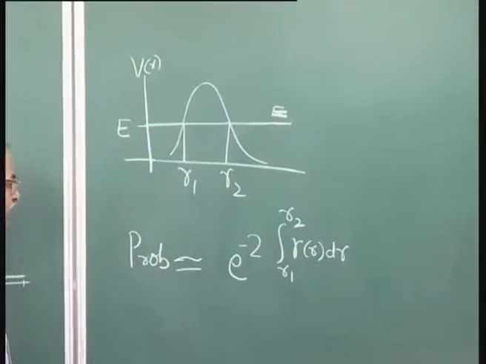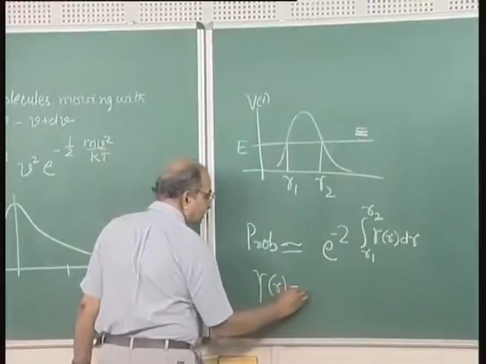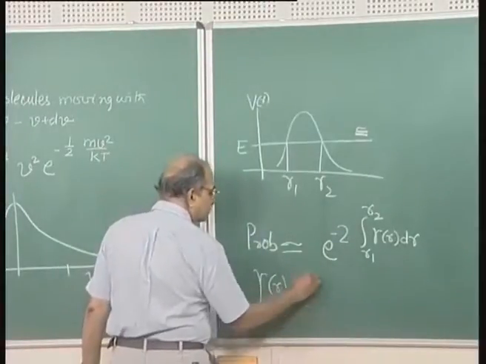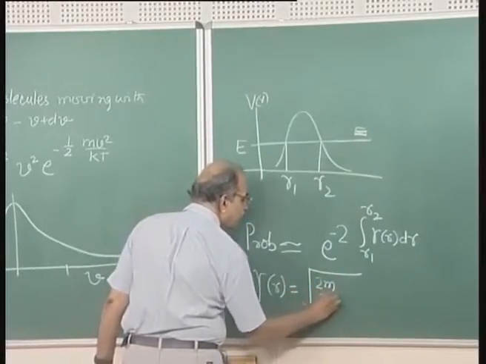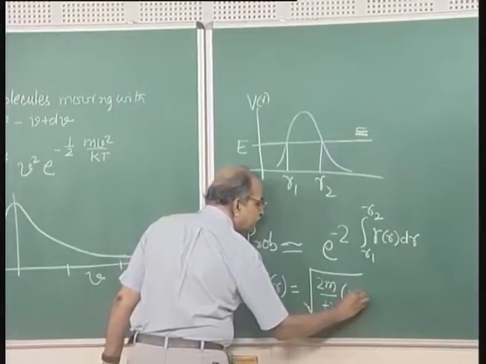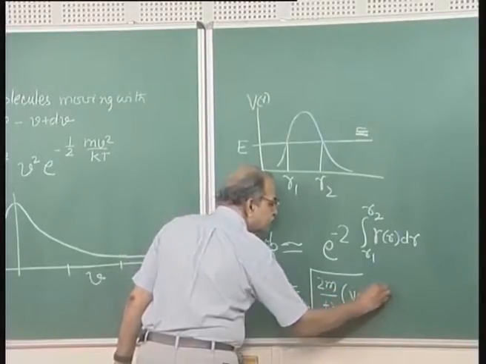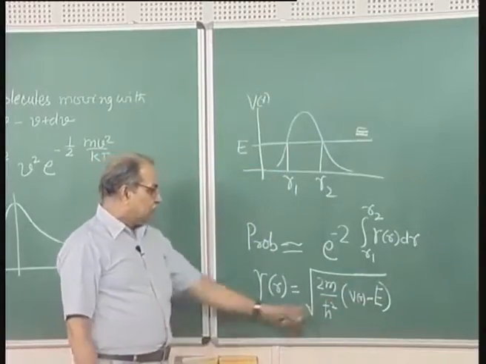And what is this γ(r)? This γ(r) is the square root of 2m/ħ² (V(r) − E). So, V(r) minus E.